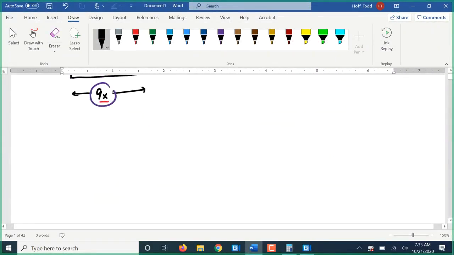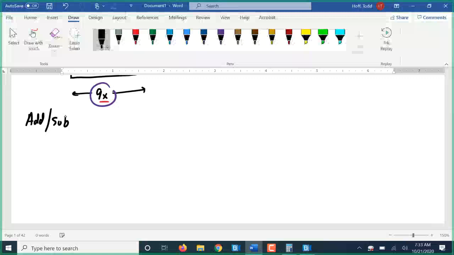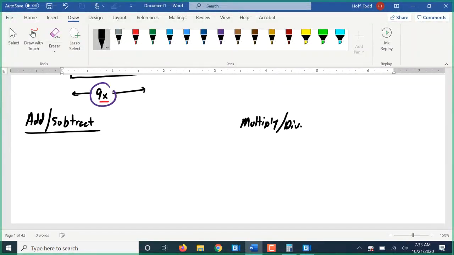However, when we're dealing with algebraic numbers, just like any other number, we follow the rules for basic addition and subtraction and multiplication and division. Remember, when we add or subtract, we need the same name.